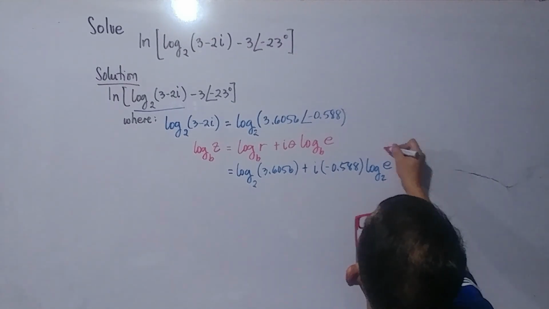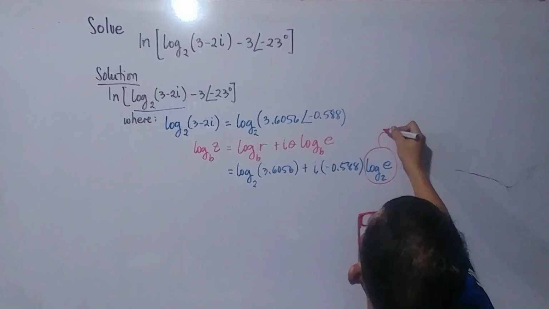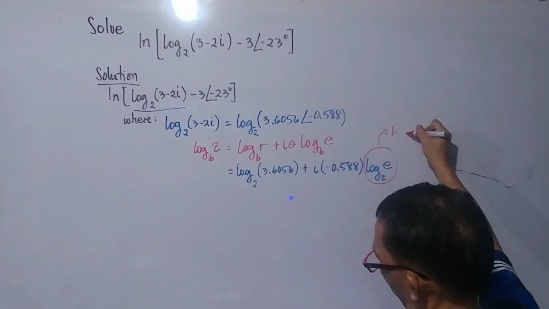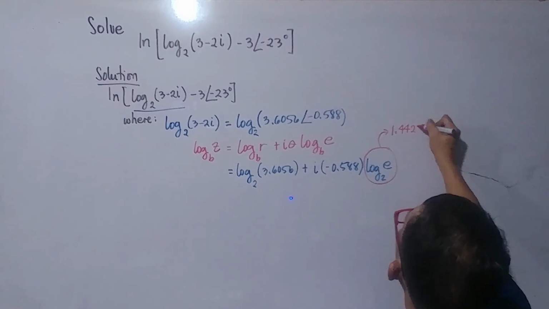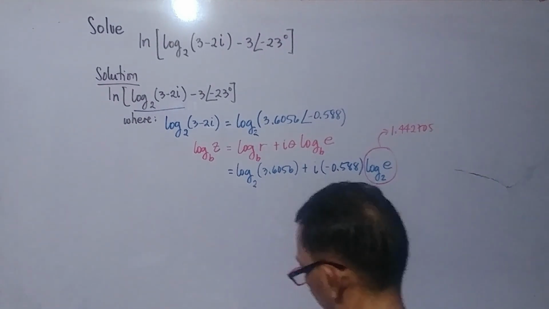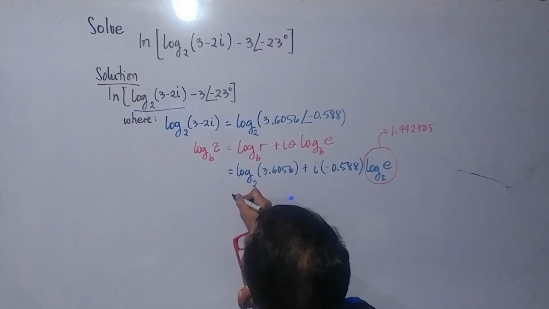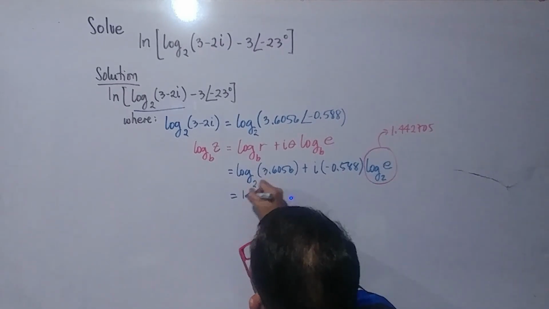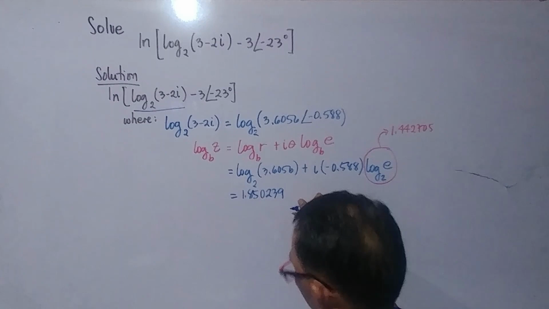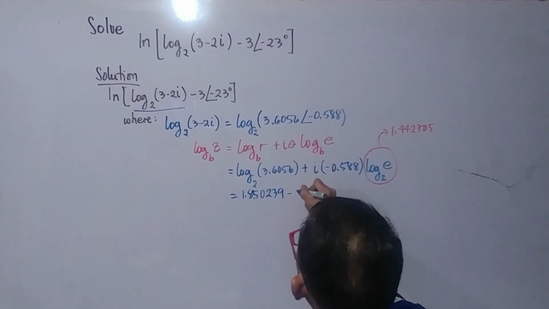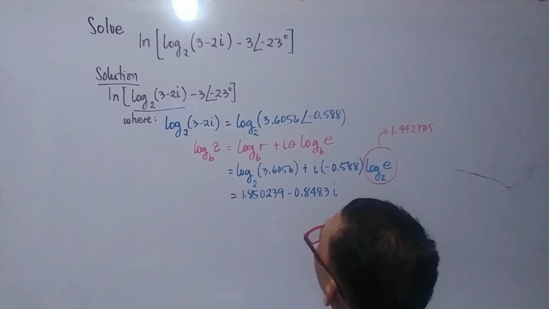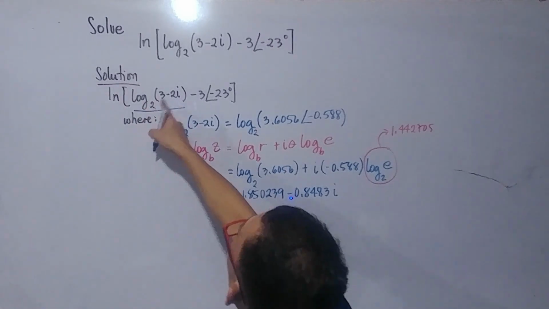This one is equivalent to 1.442705. So we have now 1.850239 minus 0.8483i. So this is the equivalent of this.